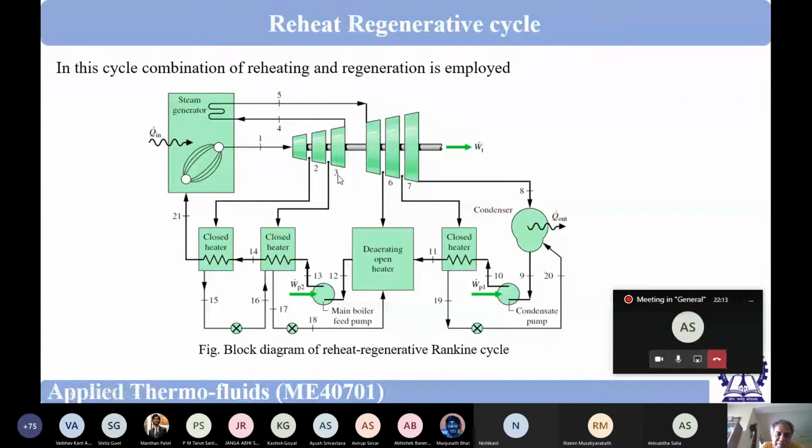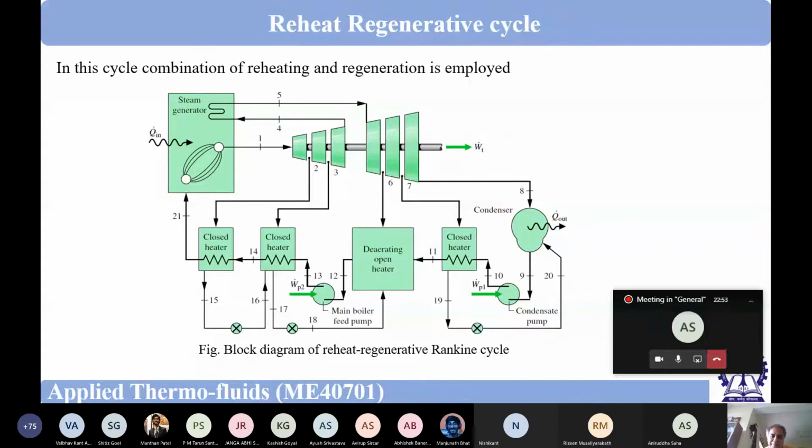You see here I have shown 1, 2, 3, 4, four regenerative feed heaters. Out of them, 3 are closed: one is closed, another is closed, another is closed. In between, there is an open feed water heater, and if there is only one open feed water heater, it is sometimes called a deaerator. I will give a small note. Do not worry, I will give a small note, but it is important to listen.